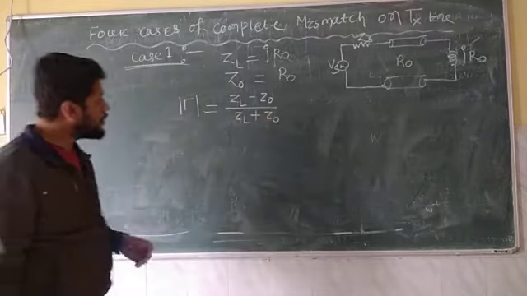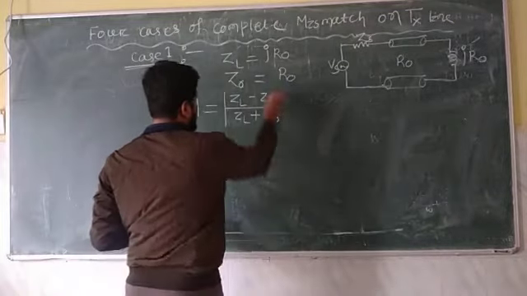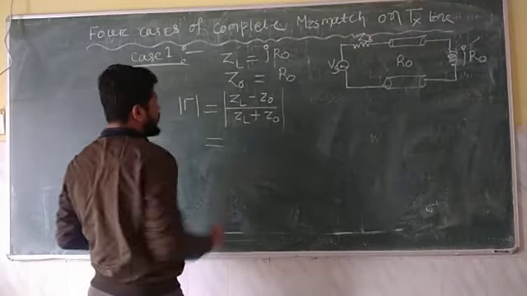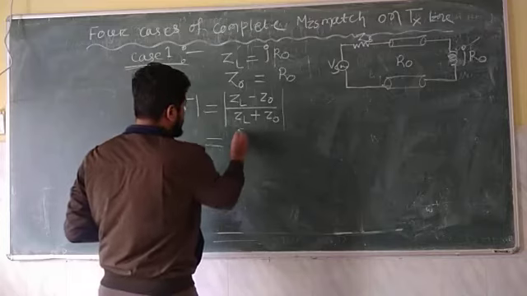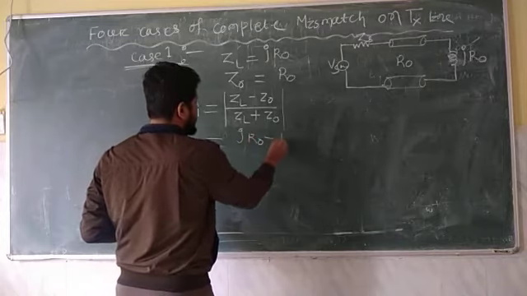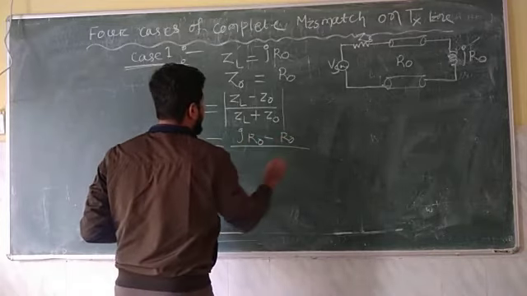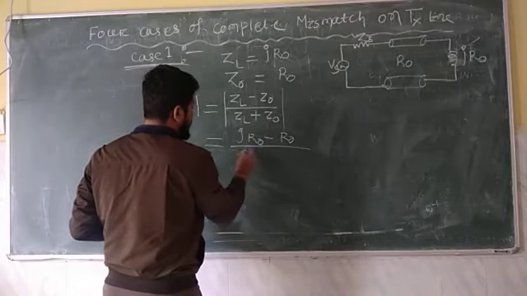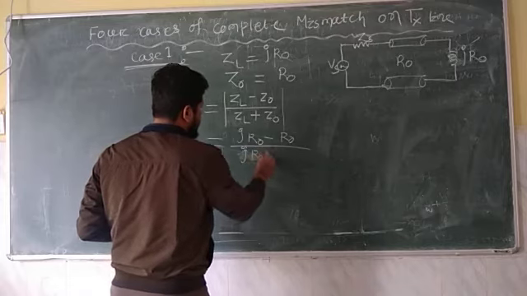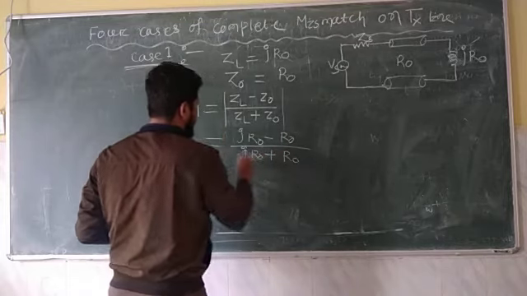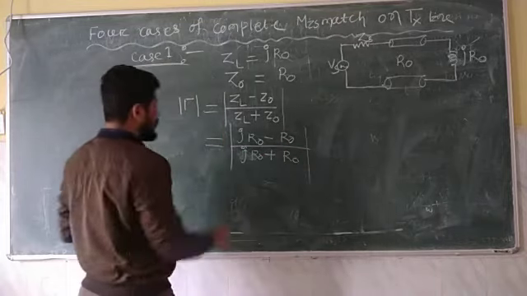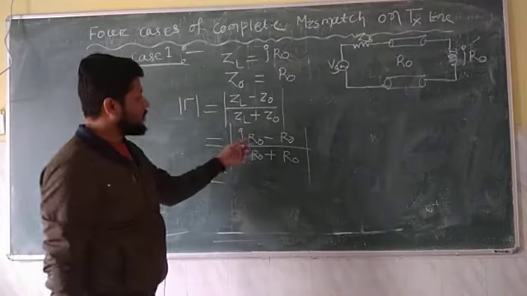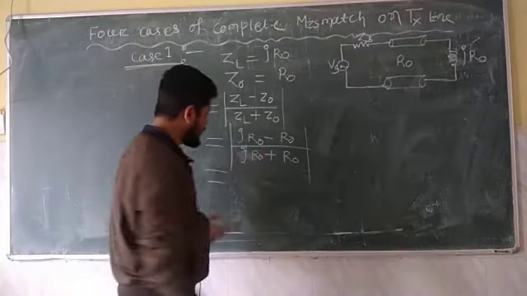This formula we already know. So the magnitude of jR0 minus R0 divided by jR0 plus R0. If you take the mod, you can apply it here.